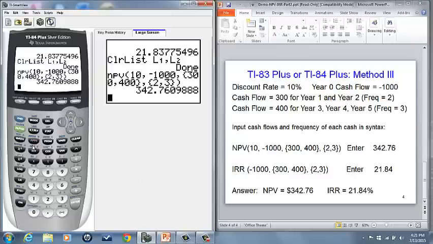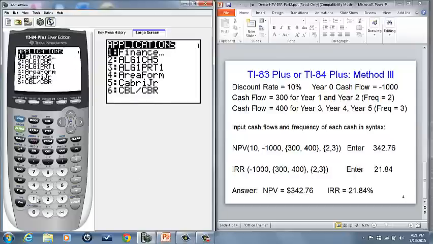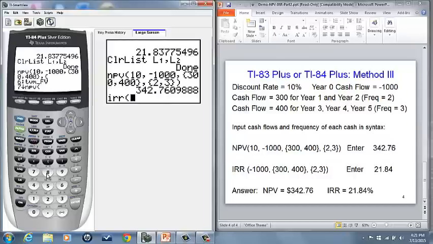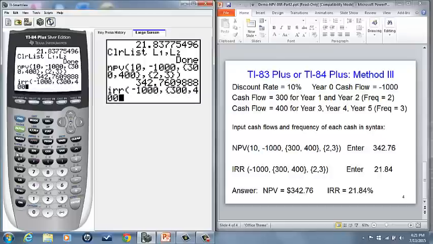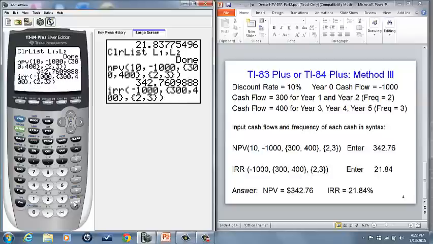Then to compute IRR, APPS, number 1 Finance, number 8 IRR, negative 1000, comma, curly bracket, 300, comma, 400, curly bracket, comma, curly bracket, 2, comma, 3, curly bracket, right parenthesis, enter.